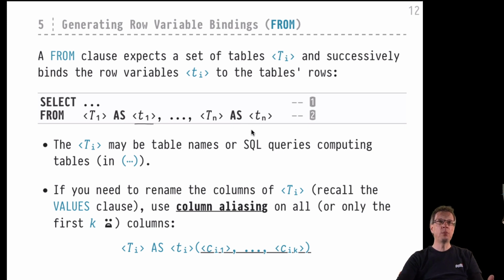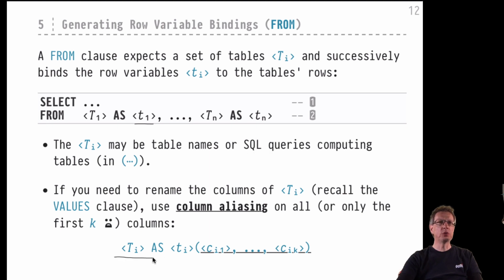We can rename the fields of such a row value bound to these row variables to our liking. For example, we could rename the column 1, column 2, column 3 fields introduced by the values clauses to some self-speaking, unambiguous names that make sense in the rest of the context of the query. And the syntax is really simple.